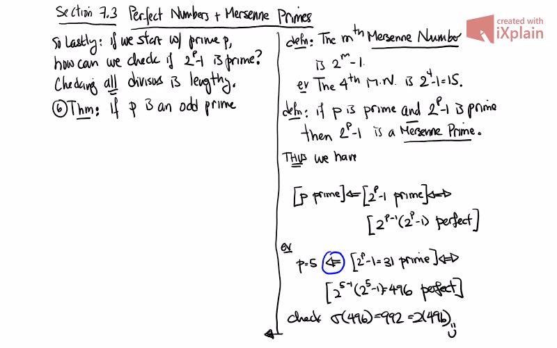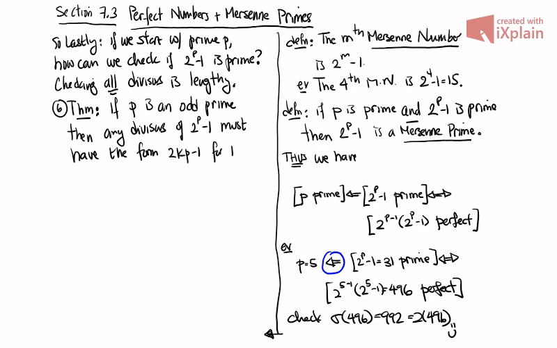what it does is it tells you about divisors of 2 to the p minus 1. So any divisors of 2 to the p minus 1 must have the form 2kp plus 1 for k in the positive integers.